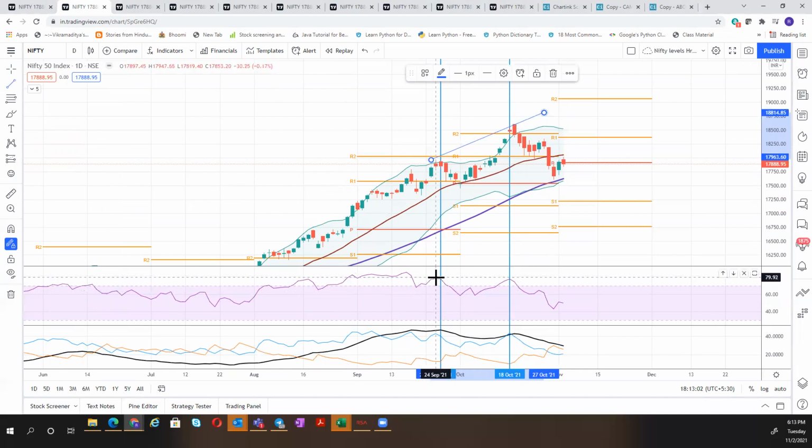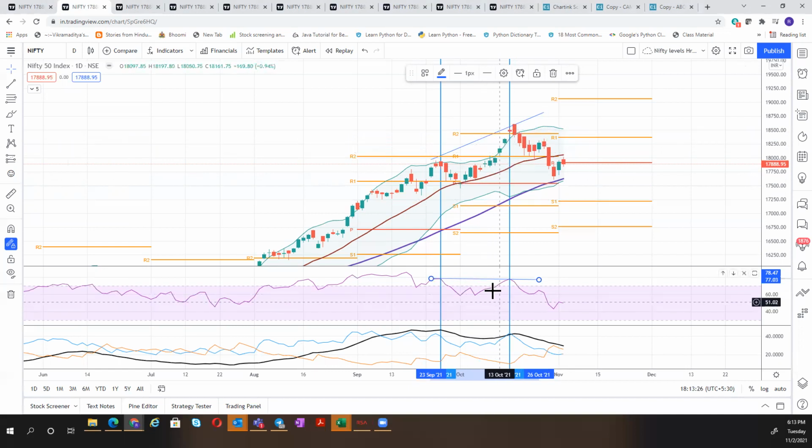Now, how is it going here? Flat to downside. So the market, after scaling this high, came down, took support on the central pivot and 20 DMA, and moved up for how many days? 1, 2, 3, 4, 5, 6, 7, 8, 9, 10, gap up.